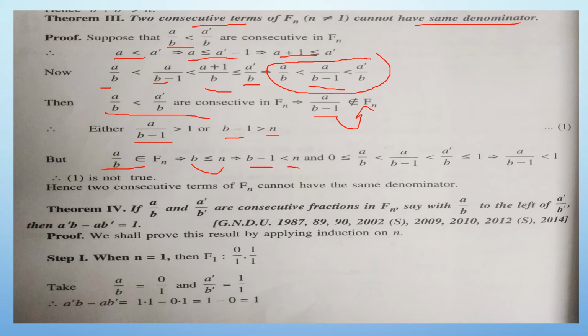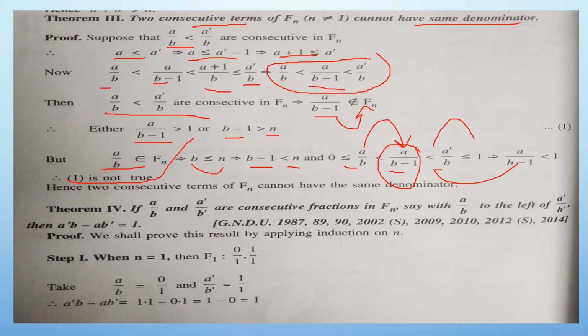So from here we can say that 0 is less than a upon b, which is less than a upon b minus 1. Since b minus 1 is less than b, this is less than 1. So condition 1 is not true.